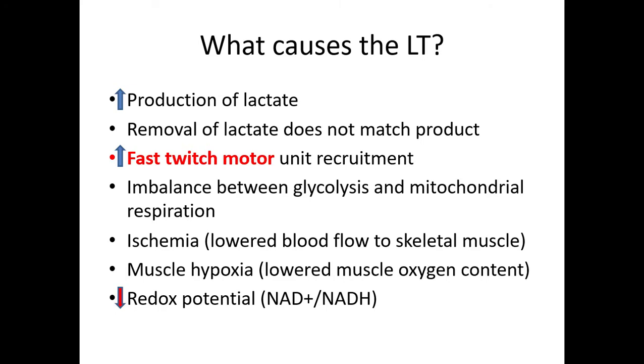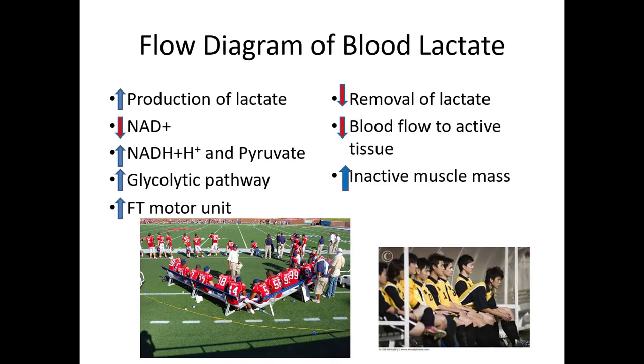And another one we learned today is redox potential, NAD plus divided by NADH. When this ratio decreases, to increase availability of NAD plus, lactate concentration increases, which causes the lactate threshold. This slide is a flow diagram of blood lactate.